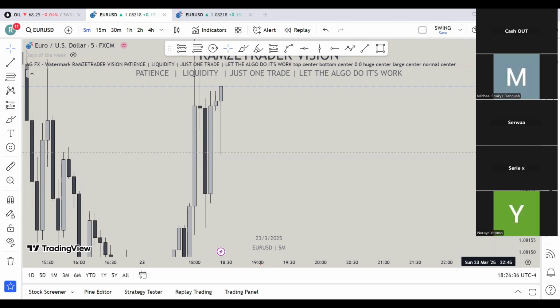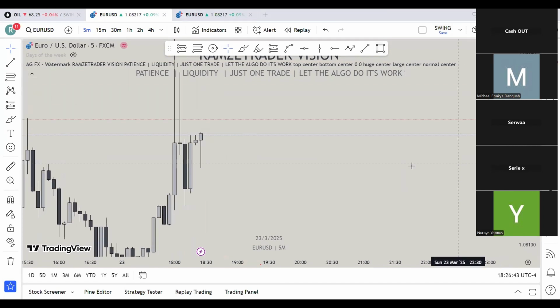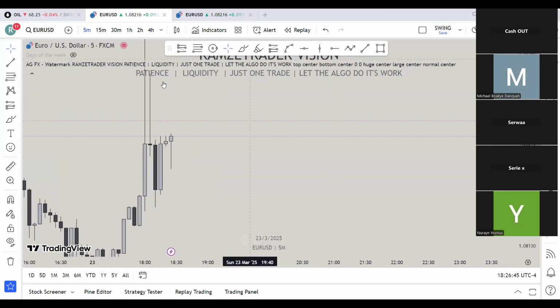That's actually 12 points. So if the market is basically telling us that the spread on EUR/USD is 12 points, that means if you are opening at a 0.01 lot size and the market moves against you, in spreads you're going to lose 0.012.